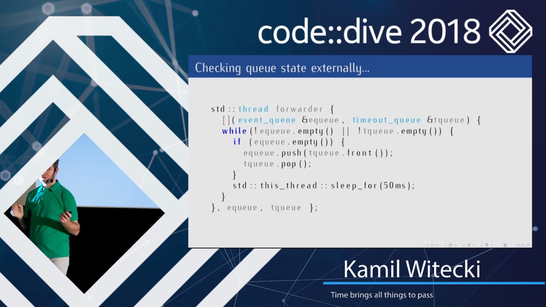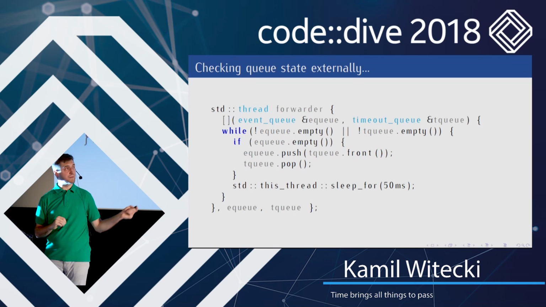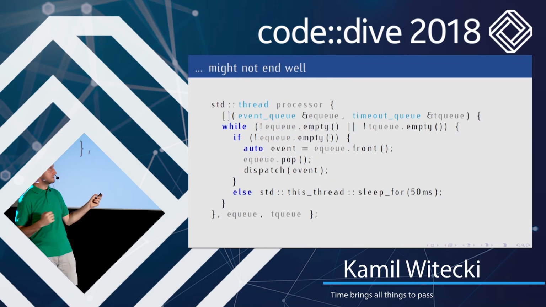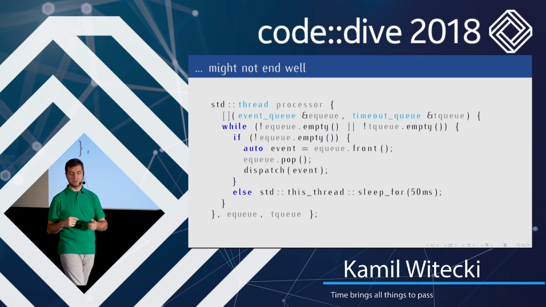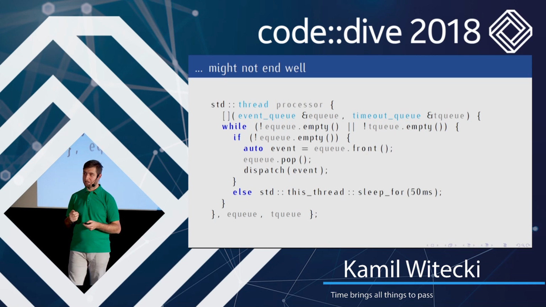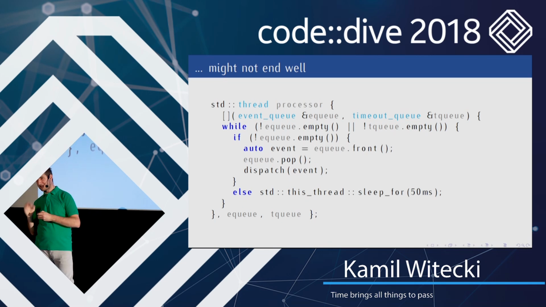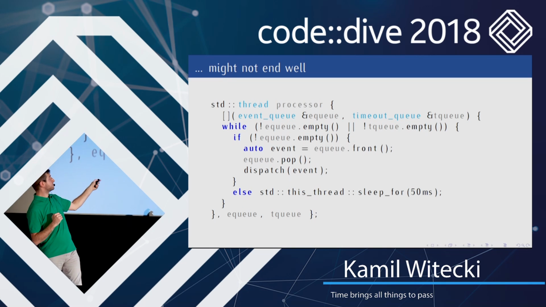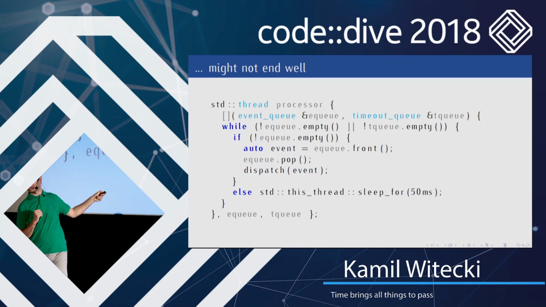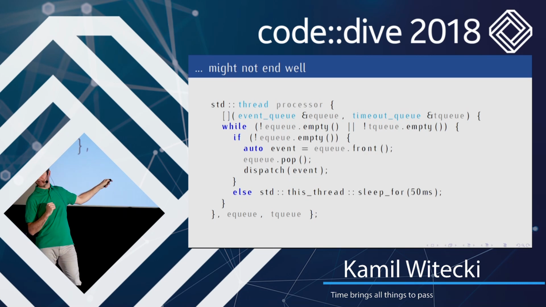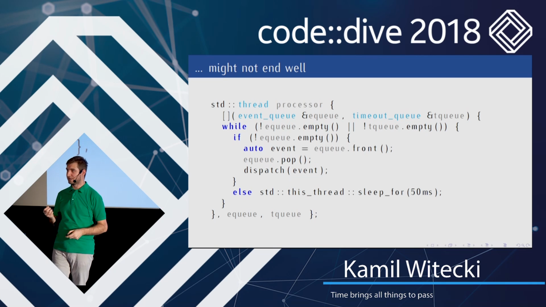And another issue that you might get struck by, not necessarily, but you might, is this kind of event loop processor. So this event loop processor does one nasty thing that breaks your assumption. It first pops the event from the event queue, and only then it dispatches it. So between these two points, the event queue is empty, but there is actually some work to do.